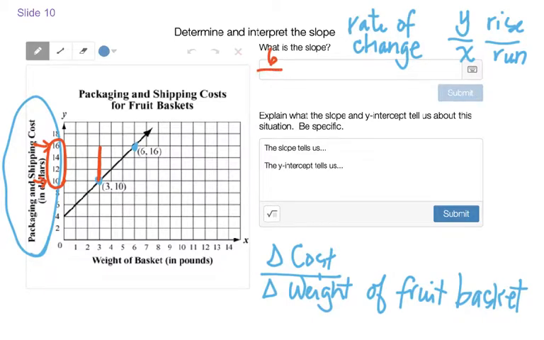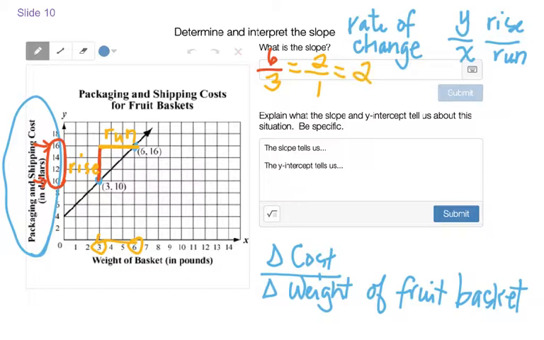Then I'm going to look at the change in x. So from this point to this point, how much did it change? So this is the rise over the run. How much did x change from 3 until 6? It changed 3. So my slope is 6 over 3, or simply 2.